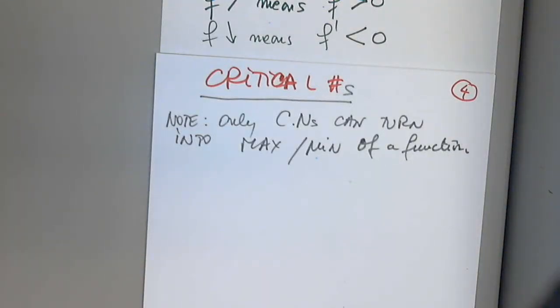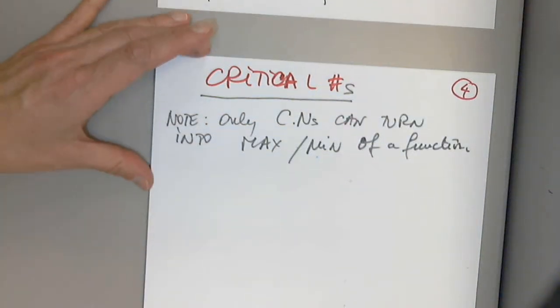So if I found a critical number, it doesn't mean that that critical number is a max or a min. But only critical numbers can turn into a max or a min of a function, and there is no guarantee. Okay, now let's see what a critical number is.